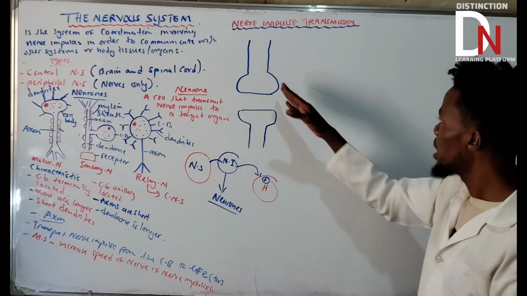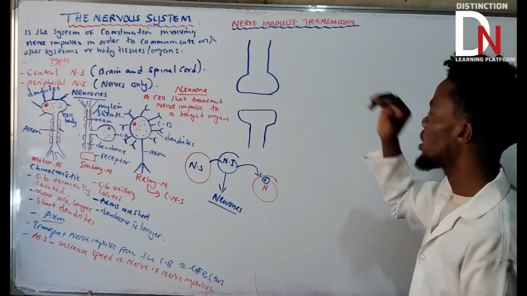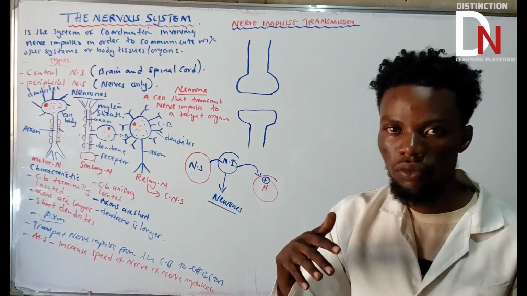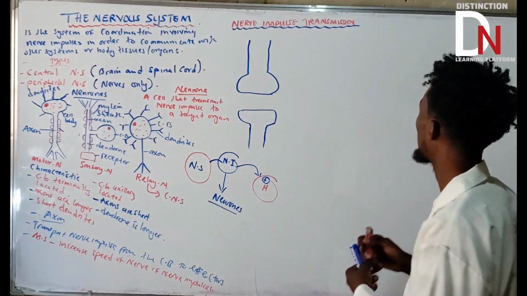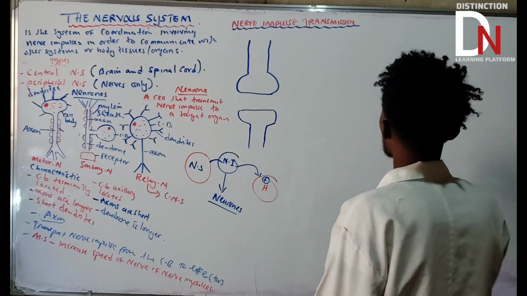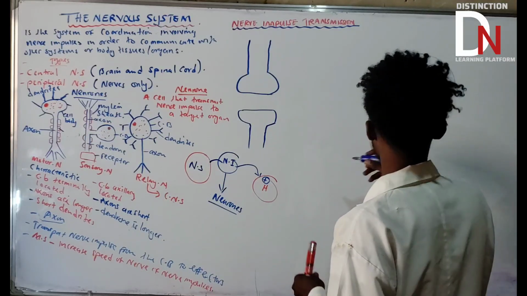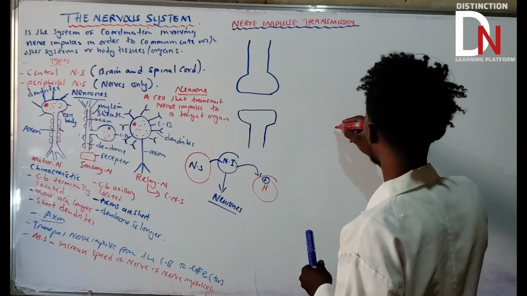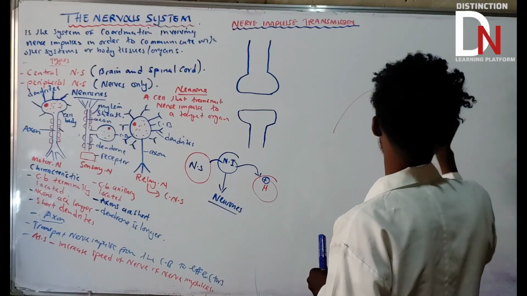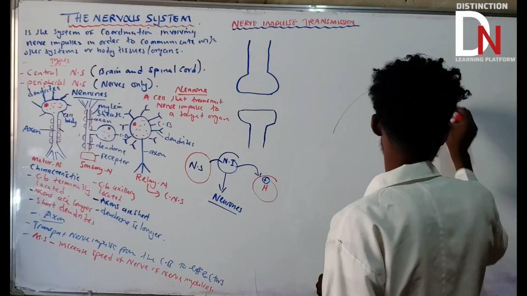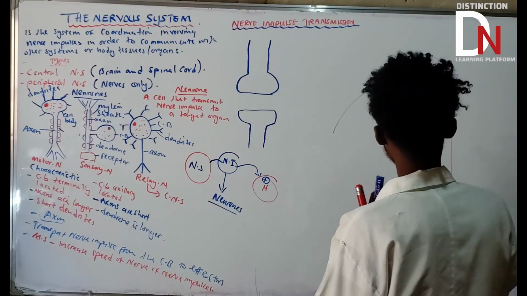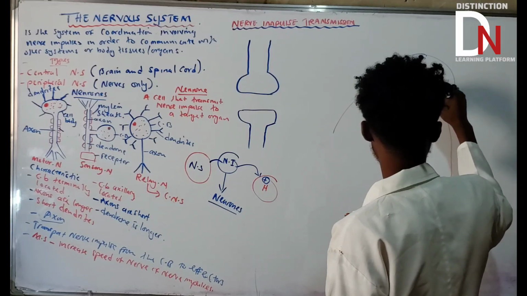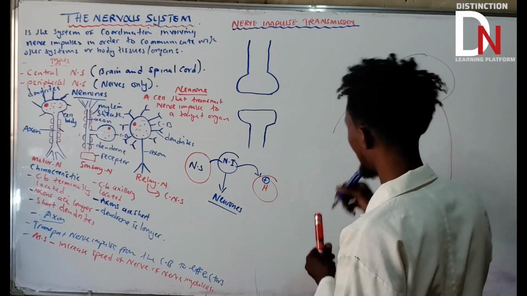Okay, so now let us talk about nerve impulse transmission. The question is, how is a nerve impulse transmitted from one nerve to another? So let us draw something so that we can understand.